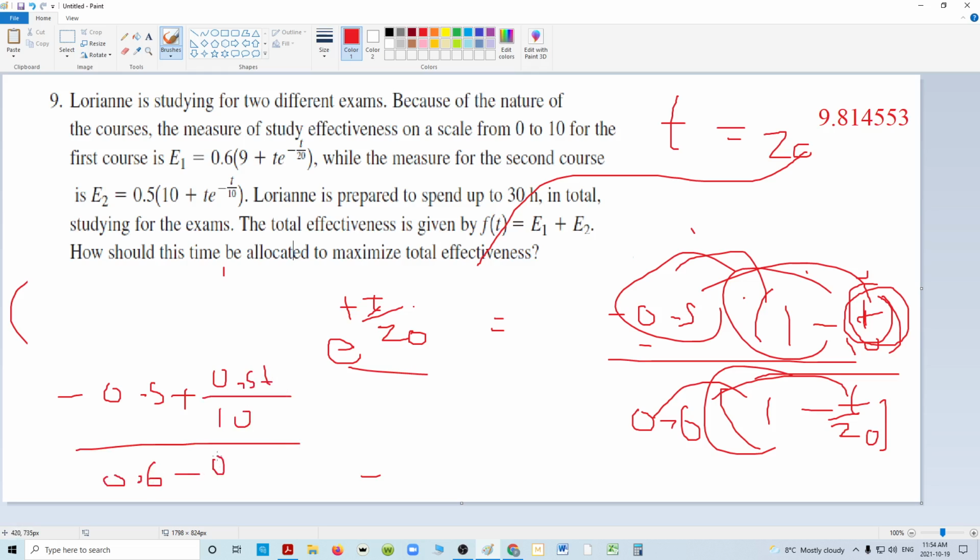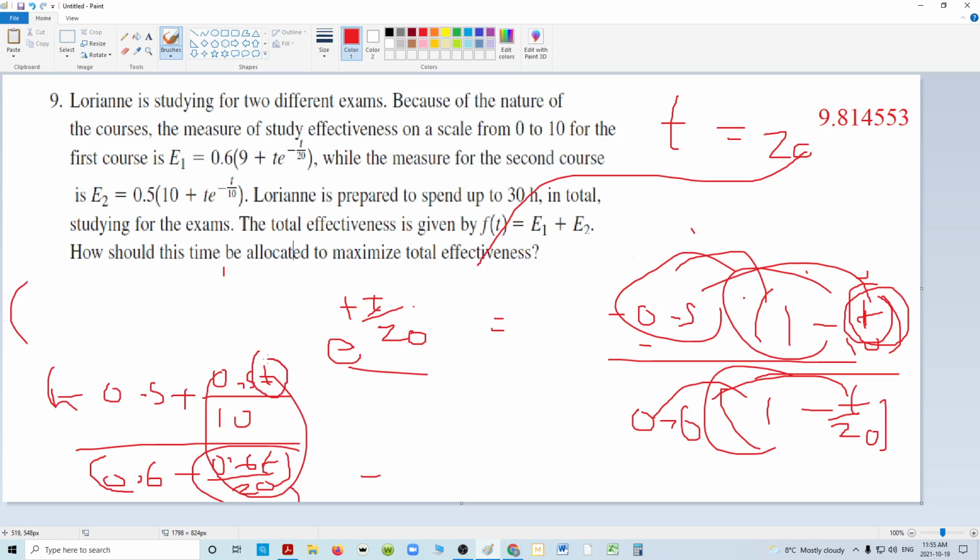Yeah, the problem is the bottom has two factors here. 6t over 20. If it was possible to break this down into single fractions, it would work. But you're going to have this in a denominator of 1 and this in the denominator. That's just hell. And you've got to take a ln of it.